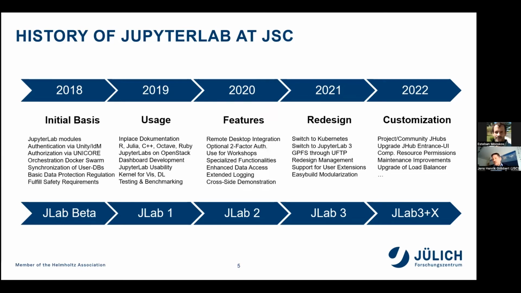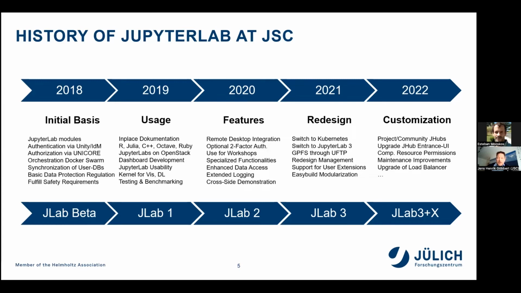If you're on an HPC system, of course, the data which is on the storage is of high value, and you want to access that data in your interactive environment. So making that less complicated, and because the whole setup was growing, we had to think about modularization, and so there are quite some things going on in the background to get this up and running.